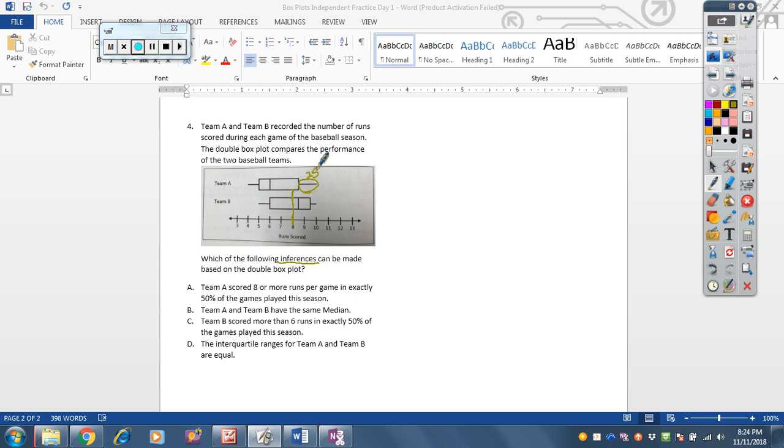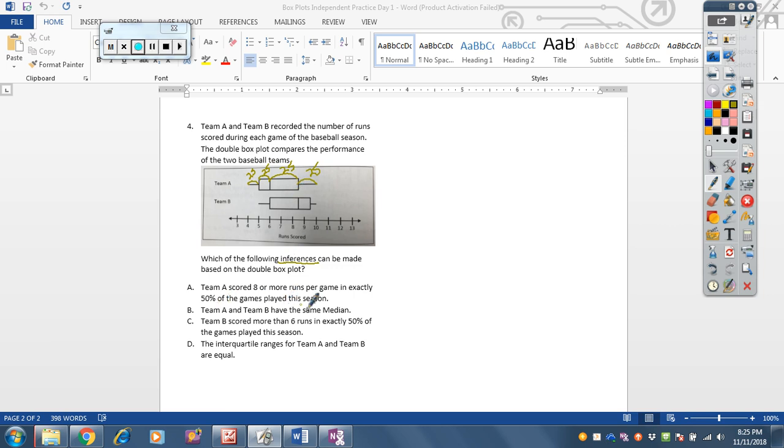That's 25%. Is the whole section here above 8? I don't think so. Each section is 25. So from here to here is 25, from here to here is 25, and so on. 8 or more would mean two 25s above 8, and I don't see that.